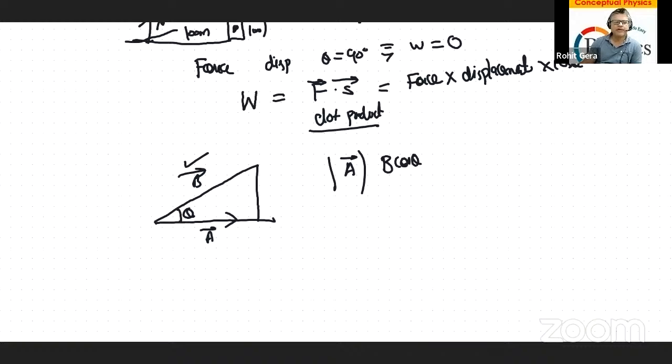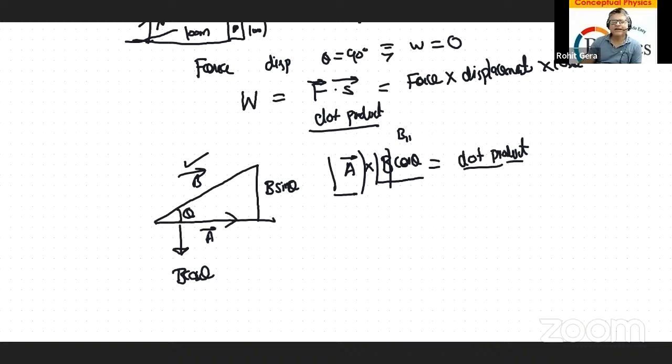So one component of B which is parallel to A is B cos theta. The one which is perpendicular to A is B sin theta. The algebraic multiple of A and the parallel part of B is called the dot product of two vectors. So these are in the same direction.